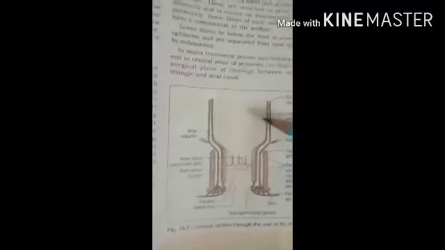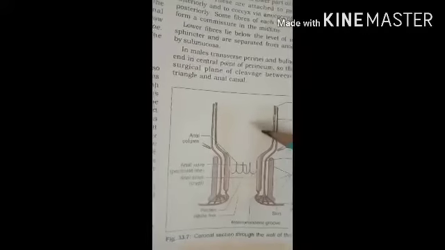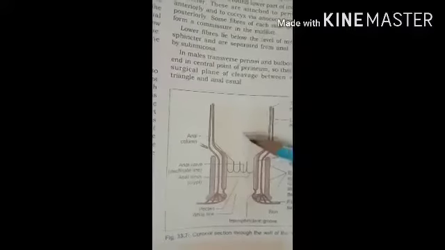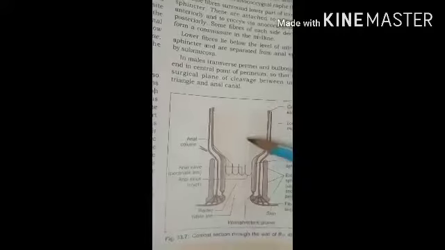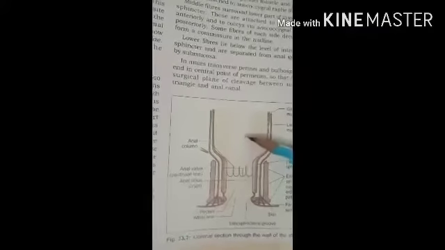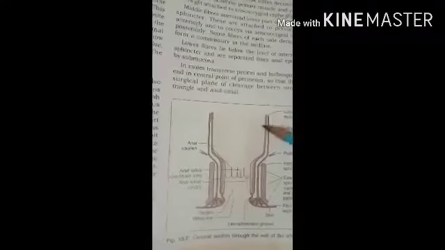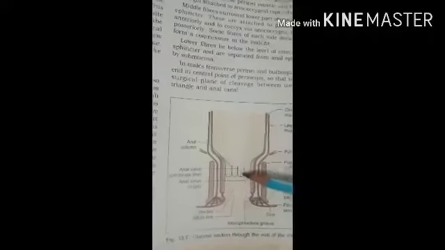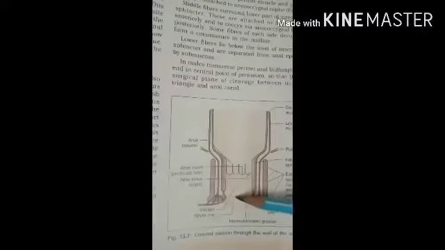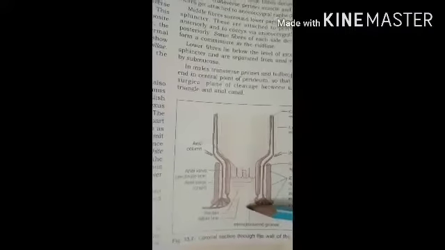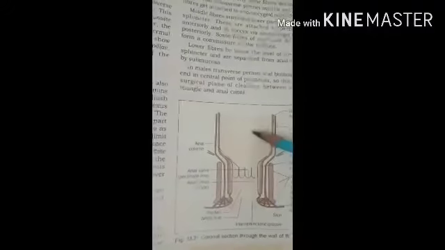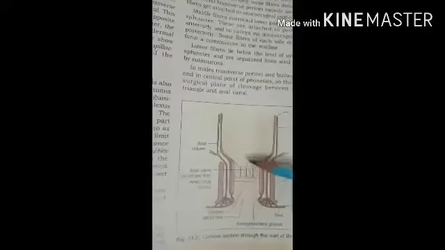If the patient continuously strains for the passage of feces, the connective tissue in the submucous membrane breaks, and the mucous membrane of the rectum comes out through the anal canal and passes through the anus. That is called mucosal prolapse or incomplete prolapse.